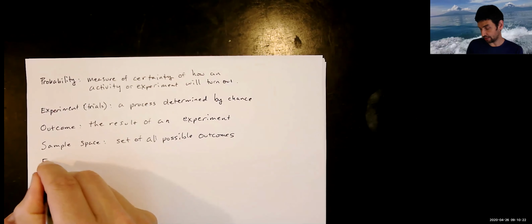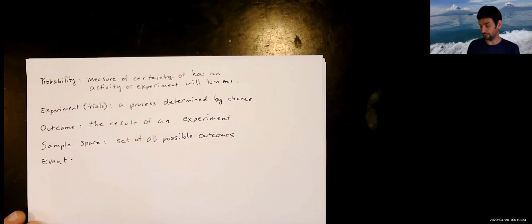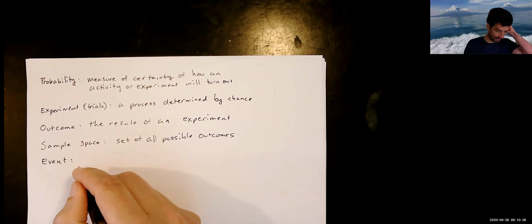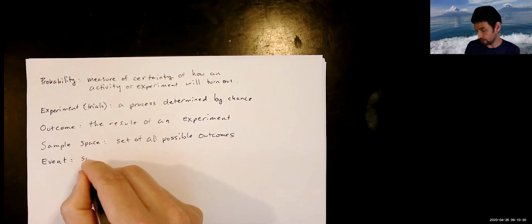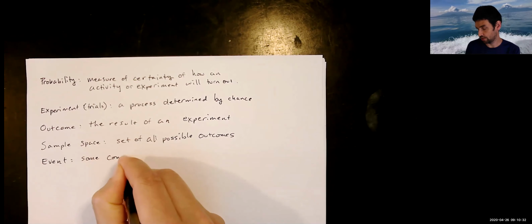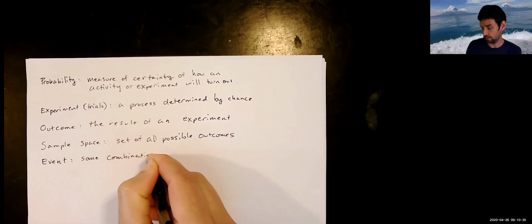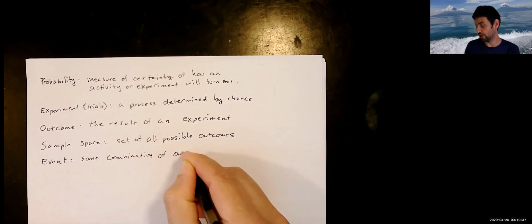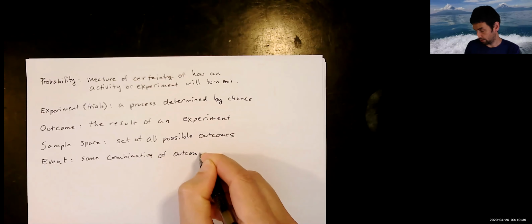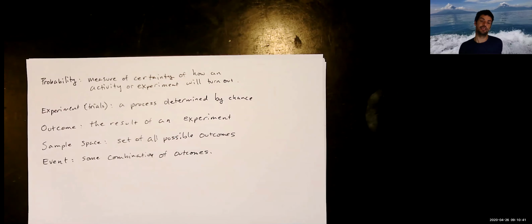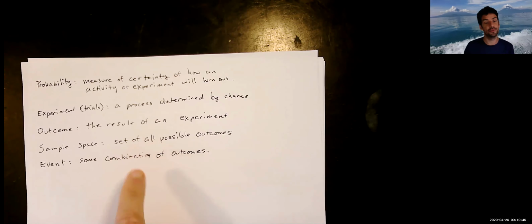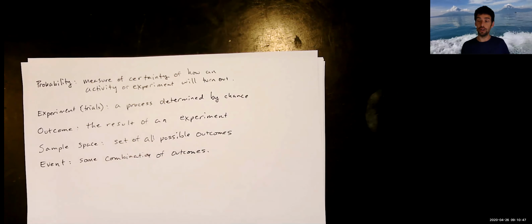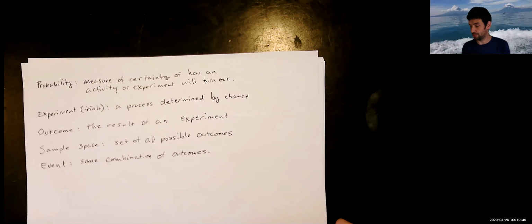And then our last vocabulary for now is an event. This is some combination of outcomes, right? Including just one of them, right? So we'll have all these outcomes in our sample space, and any single one of them is an event, or sometimes a couple of them together can be an event.